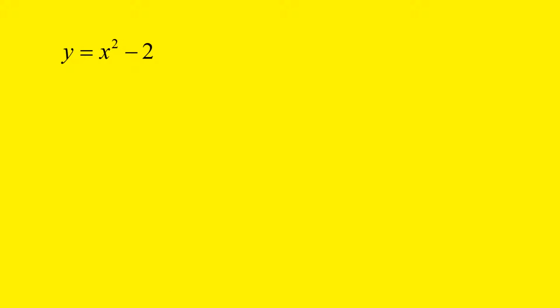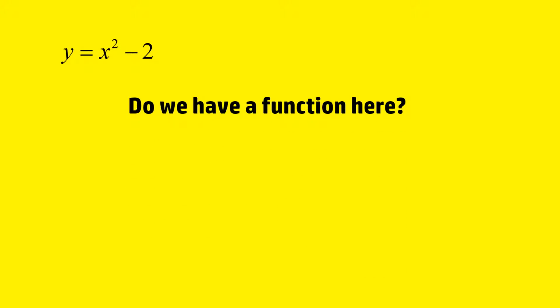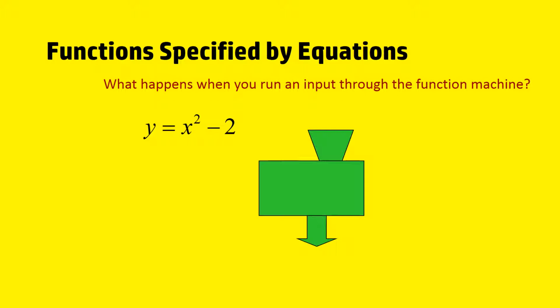Here's an equation. Do we have a function here? What happens when you run an input through the old function machine? Well, let's just take any x value we like. How about -2? We will throw it into the old function machine. This is the square the input and subtract 2 machine.